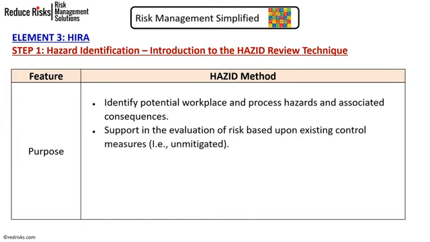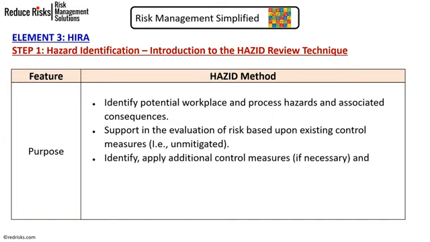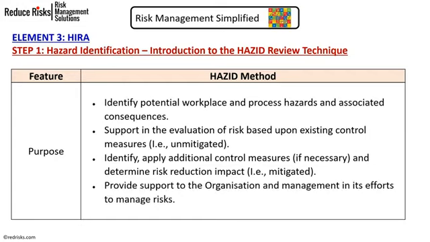Its purpose is also to support in the evaluation of risk based upon existing control measures, unmitigated, and then to identify and apply additional control measures if necessary, and then determine the risk reduction impact, which is of course the mitigated. Its purpose is also to provide support to the organization and management in its efforts to manage the risks.